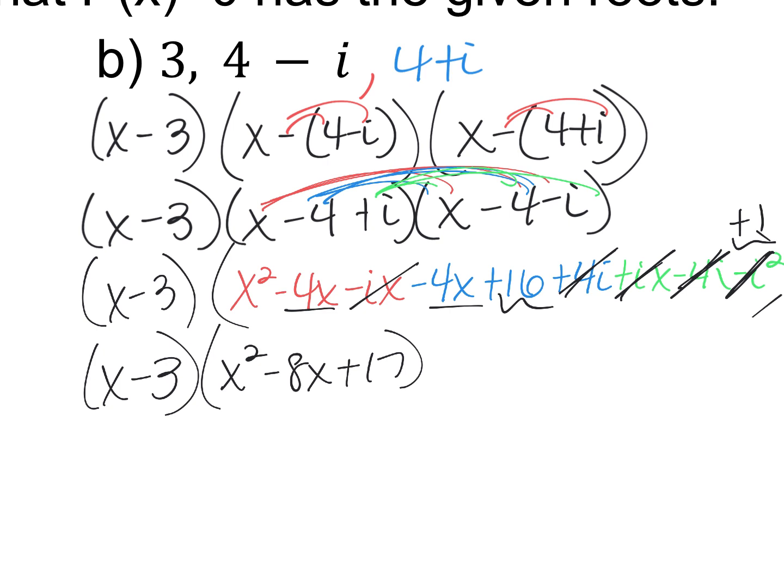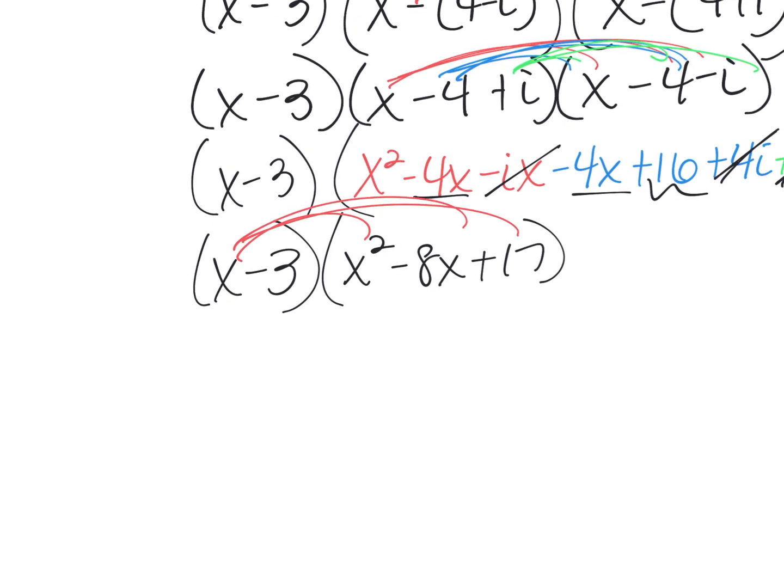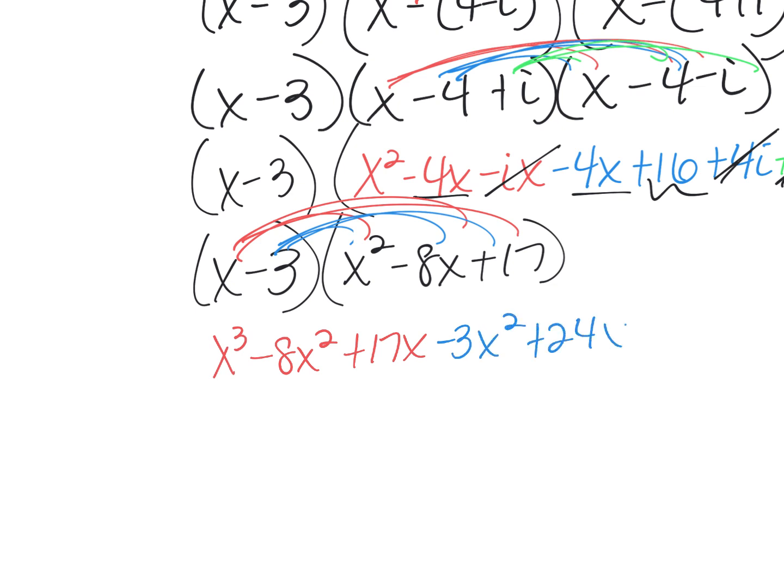All right, distribute one more time. So this would be x cubed minus 8x squared plus 17x minus 3x squared plus 24x. What is that? Negative 3, is it 54?